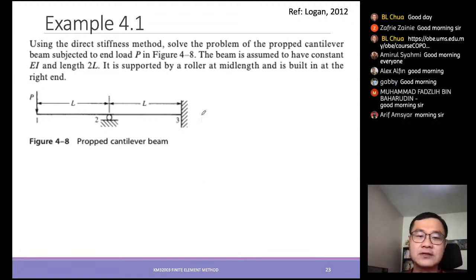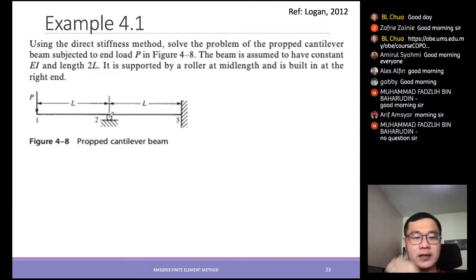First thing you can see from this free body diagram itself is a bar. In the middle there is one roller supporting at the middle. Since there is a support at the middle, you can replace this with reactions.